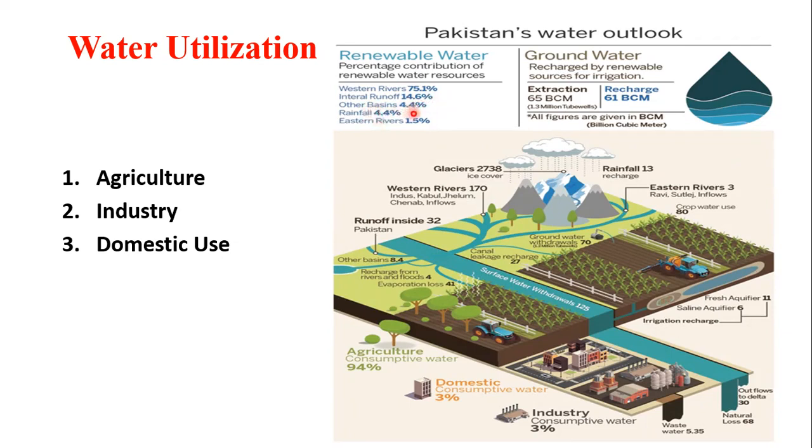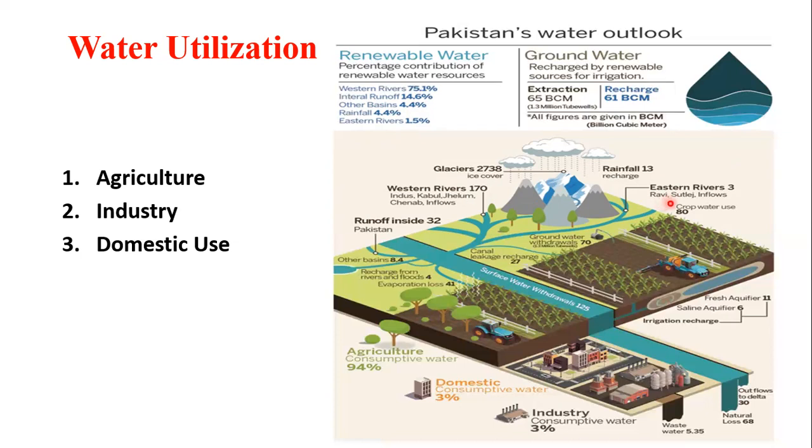Other basins, like those in Balochistan, provide almost 4.4% of the water. And the eastern rivers, clear, are rivers that flow into India and then the water comes to Pakistan.